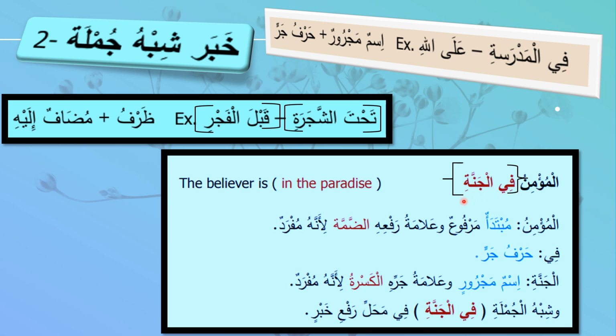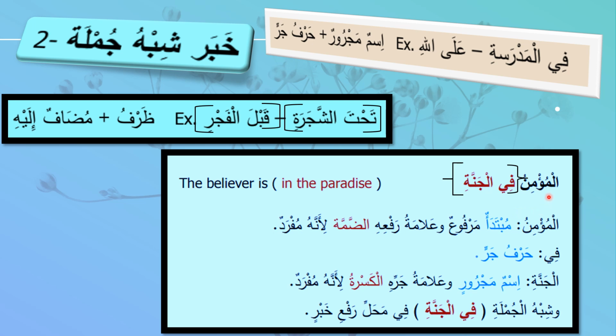Fil jannati as a whole is coming as information for the mu'min, for the believer. In translation, whatever comes after is the khabar: the believer is in the paradise. So the shibh jumla is now coming as a khabar for the mubtada.